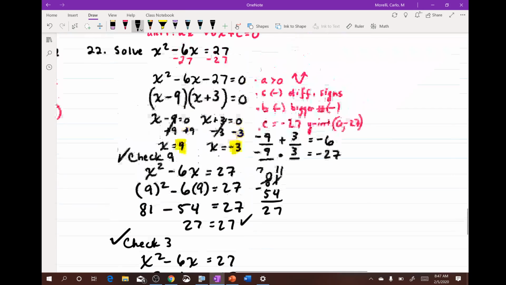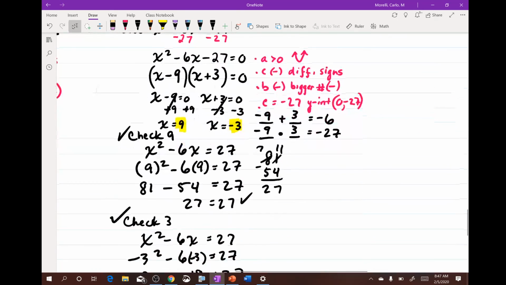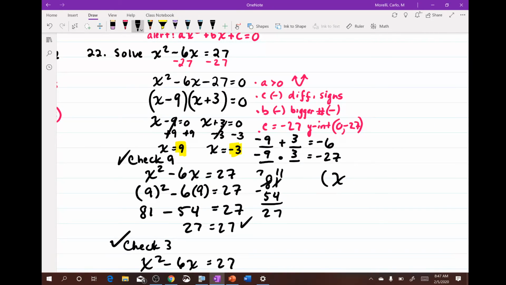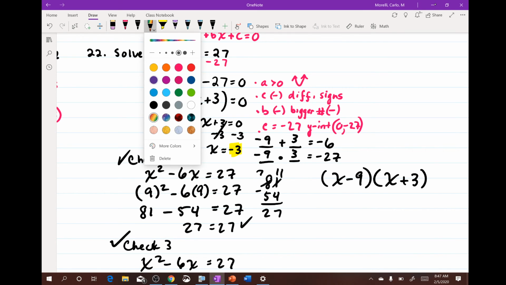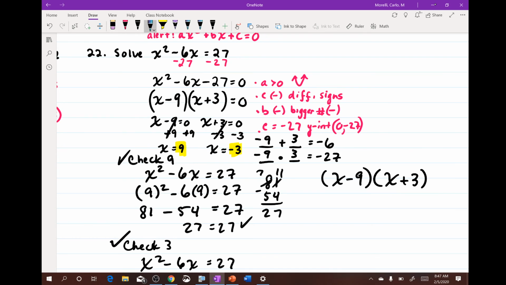Here's the final way to check. Take your two factors, x minus 9 and x plus 3, and use FOIL to combine them back together into a quadratic. So first, outer, inner, last. Here we go.